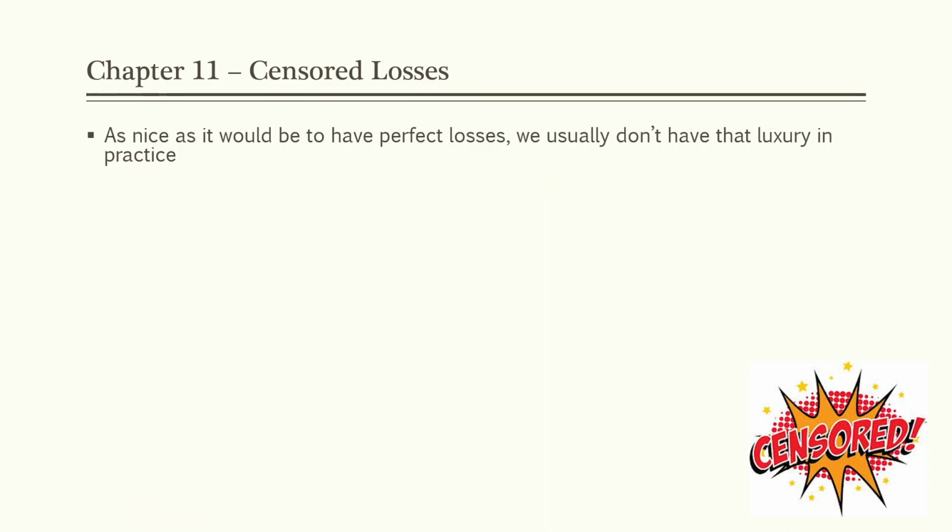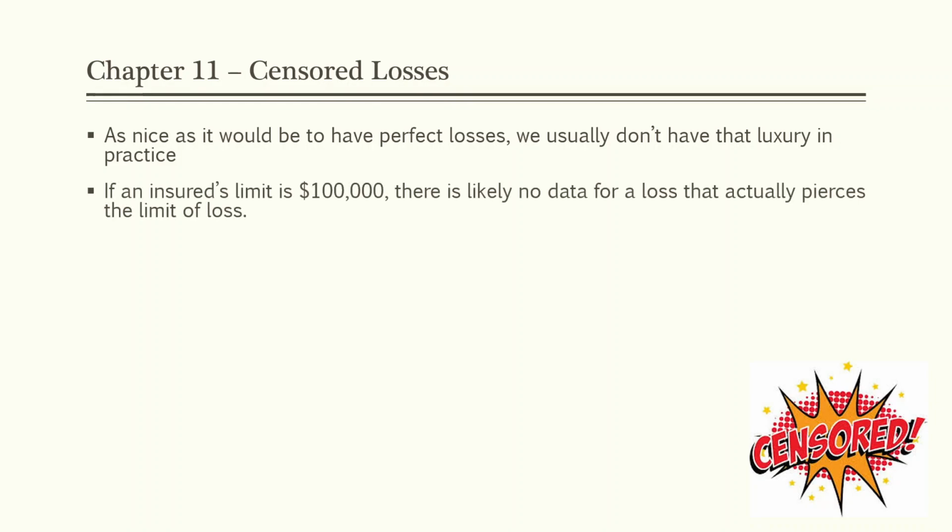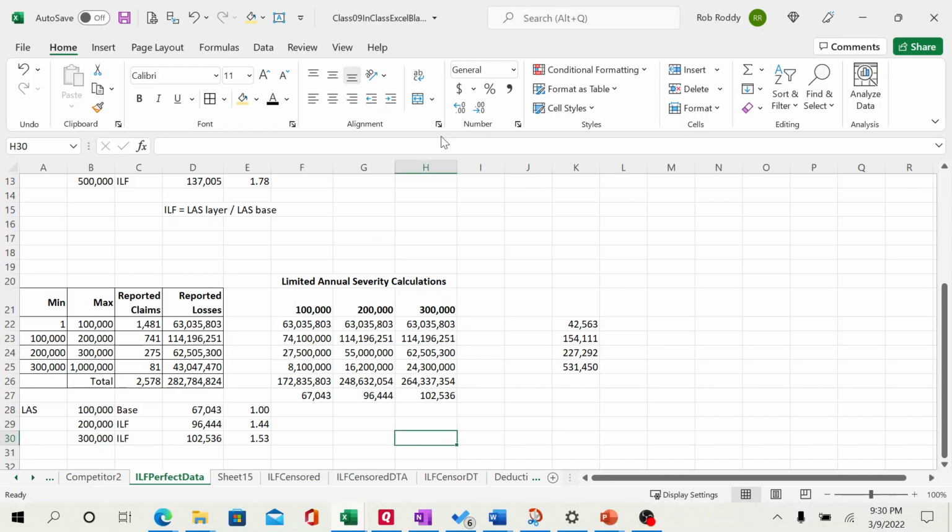This assumes we have losses on every single raw loss that we have. But unfortunately, if your insurance has a limit of $100,000, we're not going to have any data for a loss that actually pierces the limit. We'll go back to our data here. There's a loss that pierced $175,000. I'm including it here, actually.